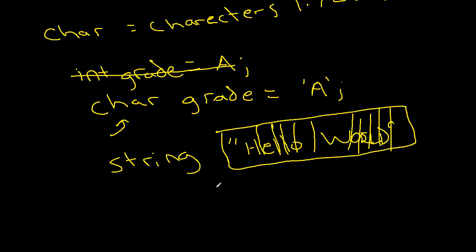But all languages do that. C just doesn't help you out with it, right? Which forces you to kind of know what's going on under the hood, which is a good reason to learn C first, because after you do it the hard way, then the easy way is even easier, right? So we'll deal with strings later.